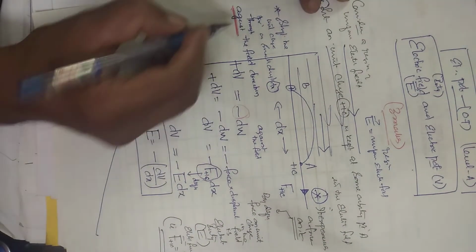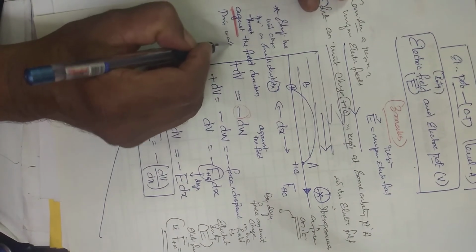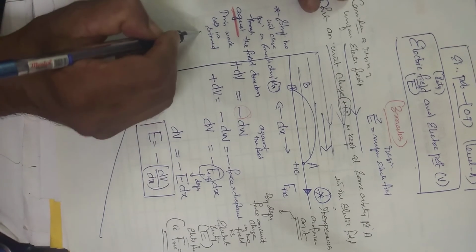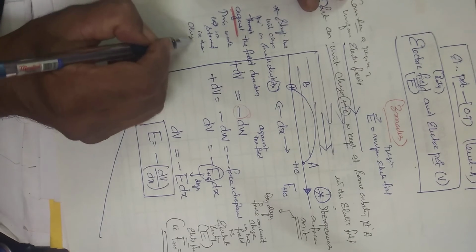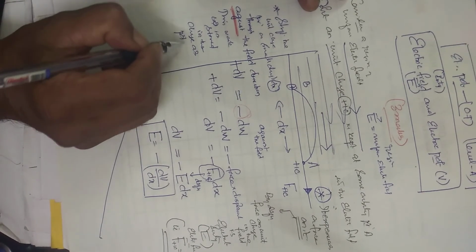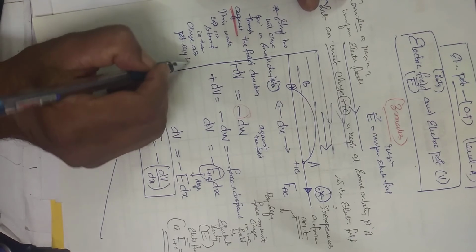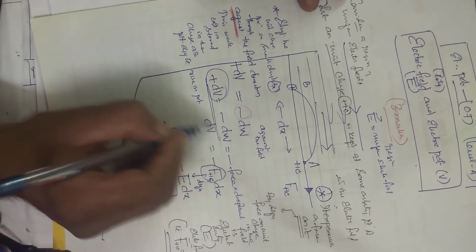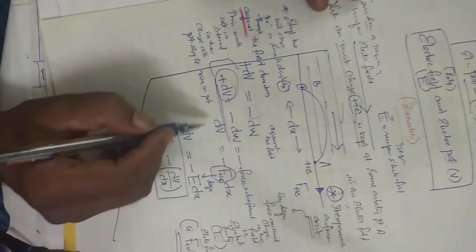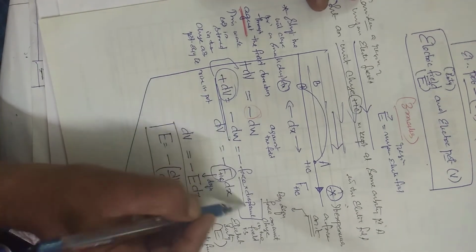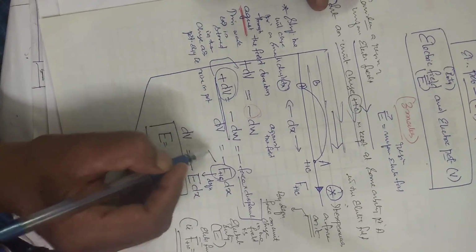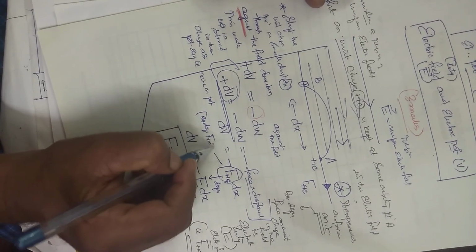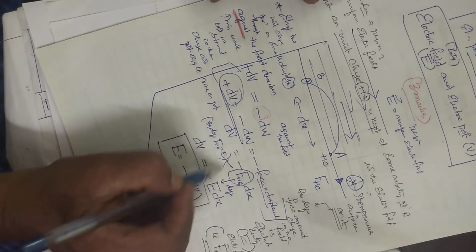This work is stored in the charge as potential energy, that is, the rise in potential. Then you write this: the work done is equal to force into displacement. Therefore, by definition, you write F per unit charge is equal to E. You put it here.